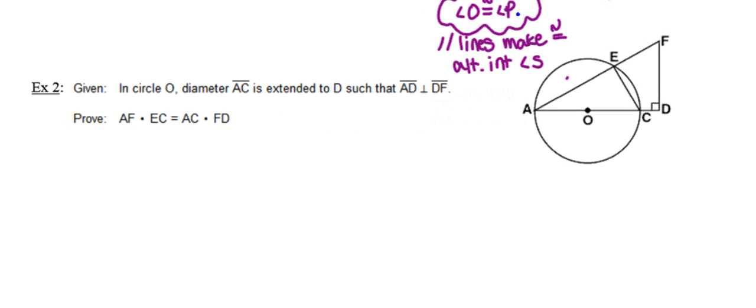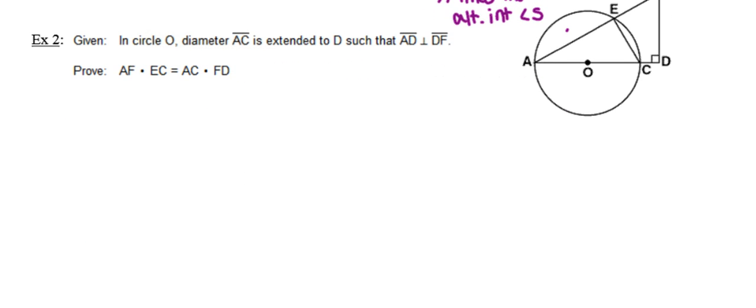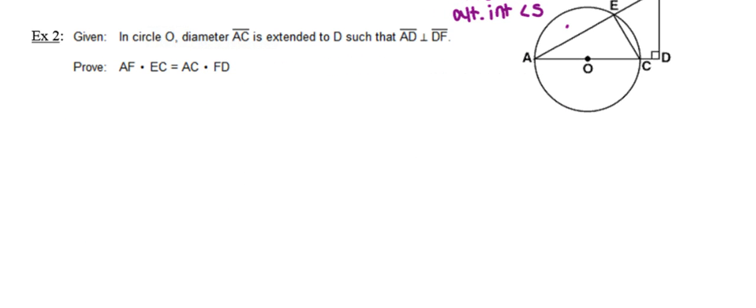All right, number 2 says, given circle O with diameter AC, they're telling us that they're extending diameter AC in such a way that the angle at D is a right angle, or that the lines are perpendicular. And they're asking us to prove that the product of segment AF and EC is equal to the product of AC and FD.